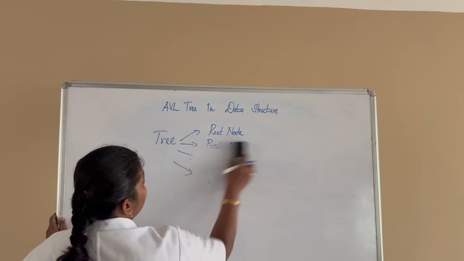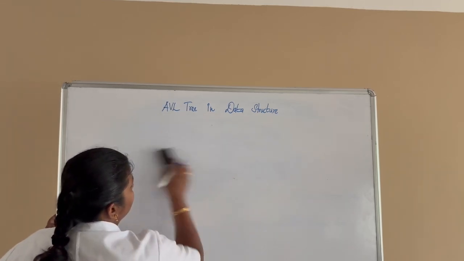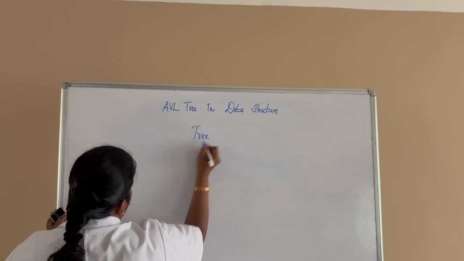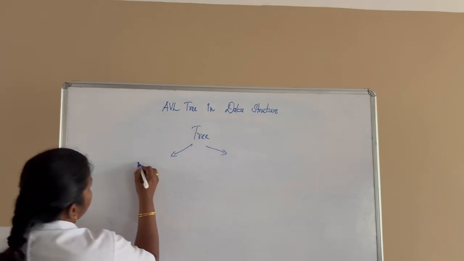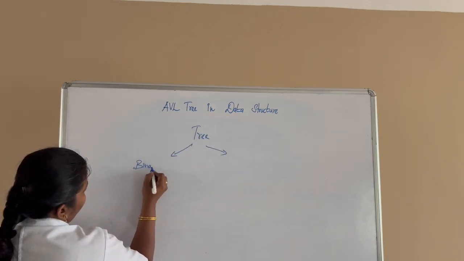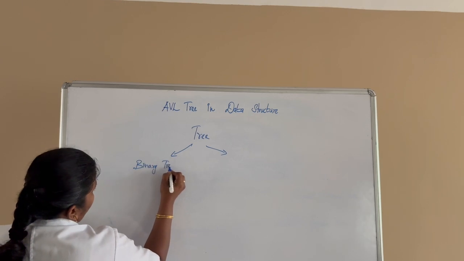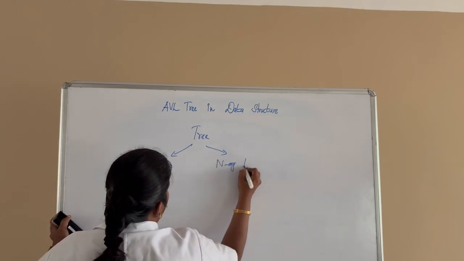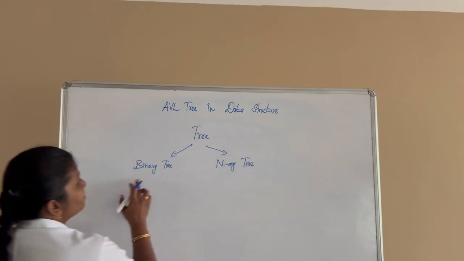So in tree we are having some types like binary tree and n-ary tree. So what is binary tree?